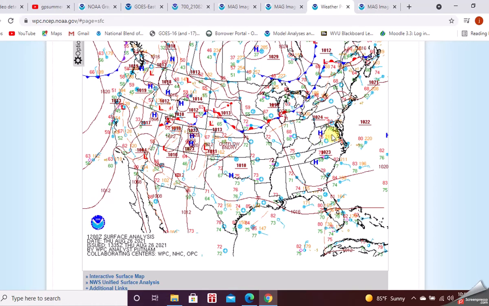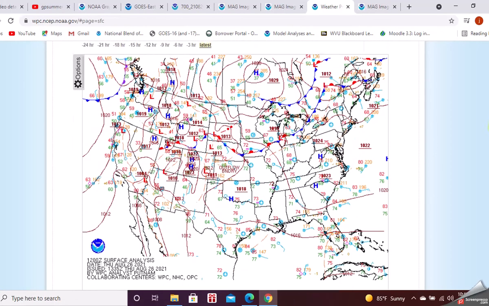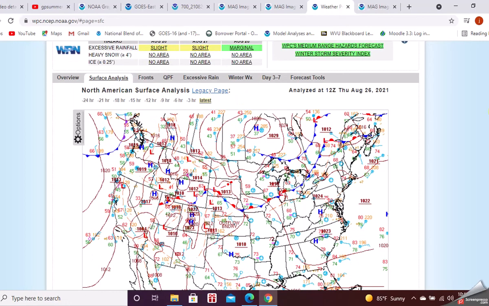High pressure, centered over West Virginia. So none of this is drawing my attention to a big area of precipitation or that it's going to be perfectly sunny, because let's face it, this time of year, thunderstorms are not out of the question just about anywhere in the United States.